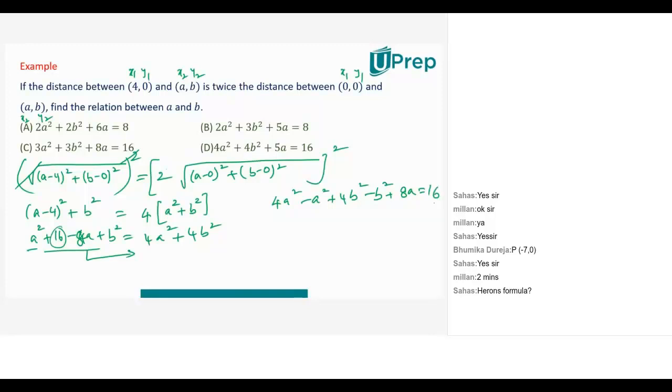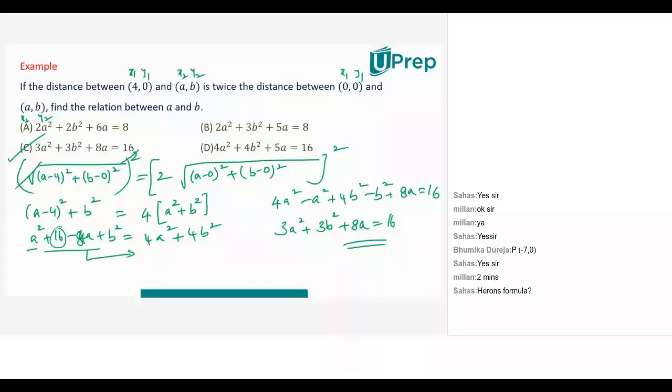The distance between these two, that means square root of A minus 4 whole square plus B minus 0 whole square is twice the distance between (0, 0) and (A, B). What is this side distance now? It is A minus 0 whole square plus B minus 0 whole square.